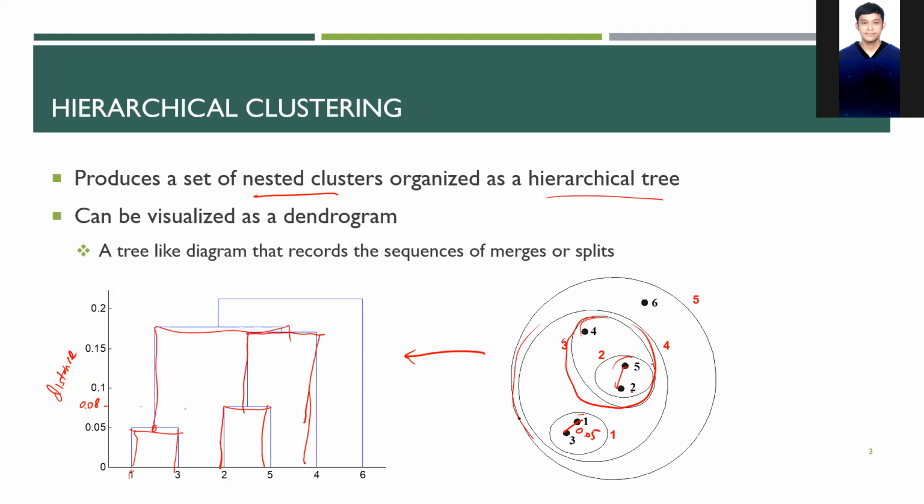So this is included into one, and the last one is all of the data. So basically this is hierarchical clustering: the hierarchical subclusters continue until all data belongs to one cluster.